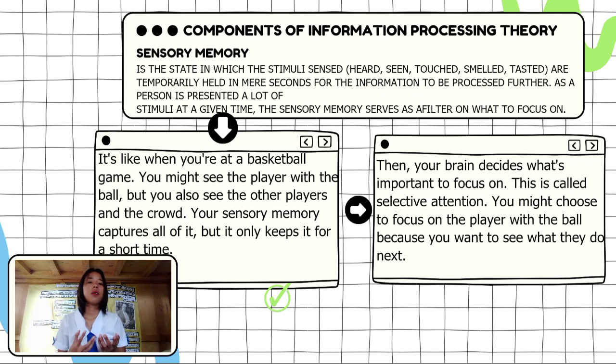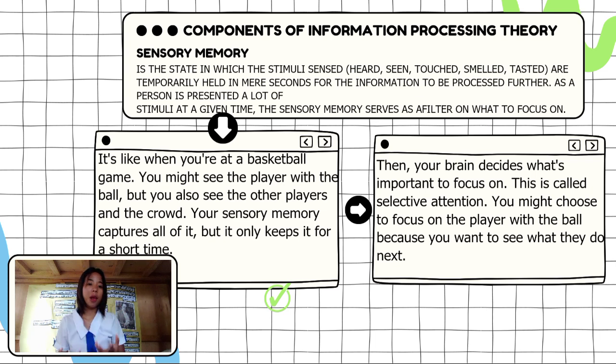It's like when you are at a basketball game, you might see the player with the ball, but you also see the other players and the crowd. So, your sensory memory captures all of it, but it only keeps it for a short time.